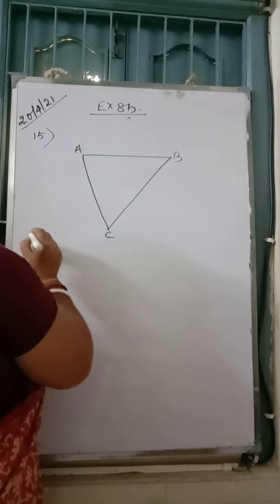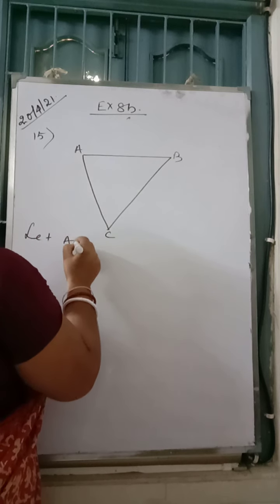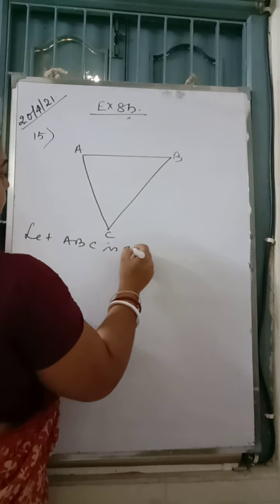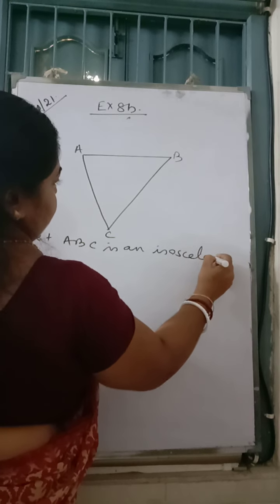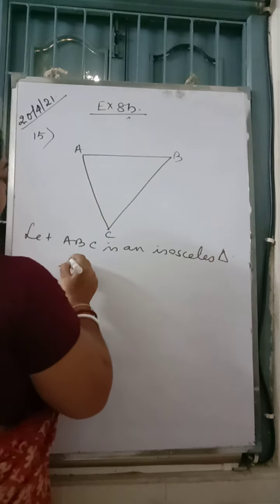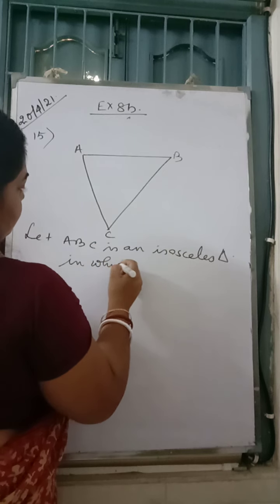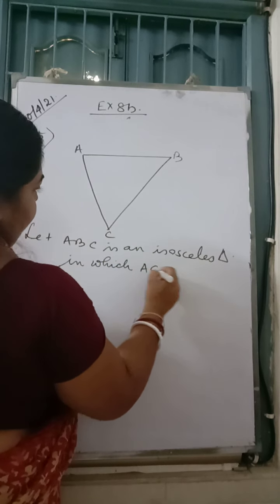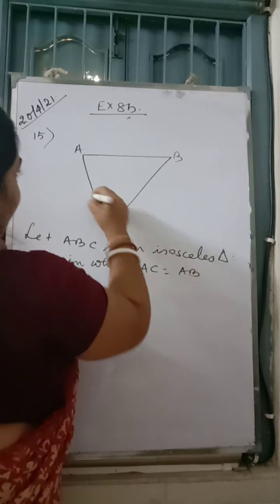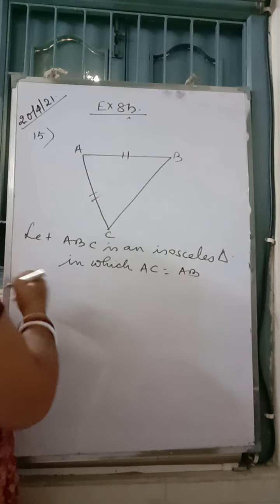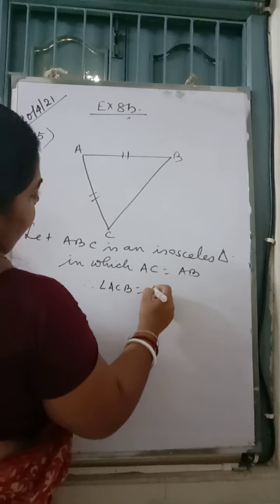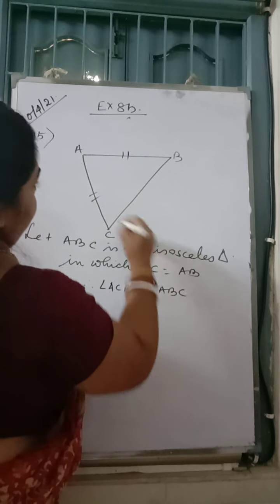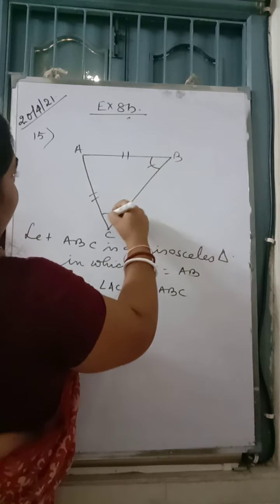I'm writing, let ABC be an isosceles triangle in which AC is equal to AB. Now these two sides are equal. So angle ACB would be equal to angle ABC. This angle and this angle will be equal.